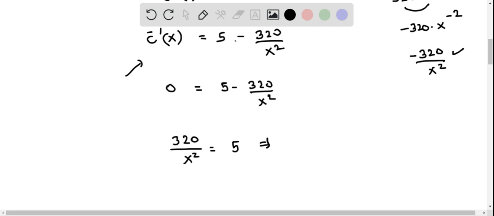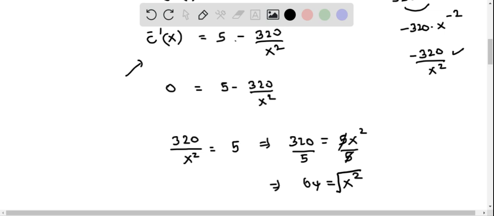Now we multiply both sides by x squared. So we get 320 equals 5x squared, and we divide by 5 on both sides. So we get 320 divided by 5, and this equals 64. So 64 equals, this 5 and 5 get cancelled, x squared.